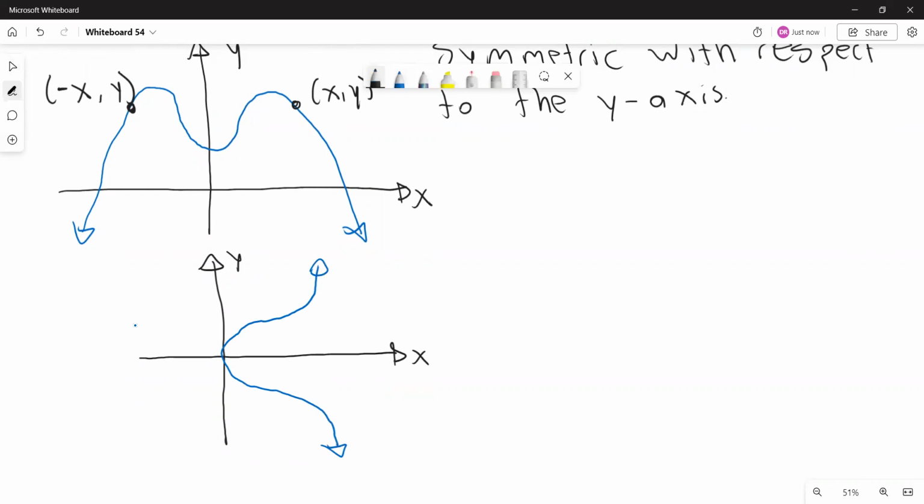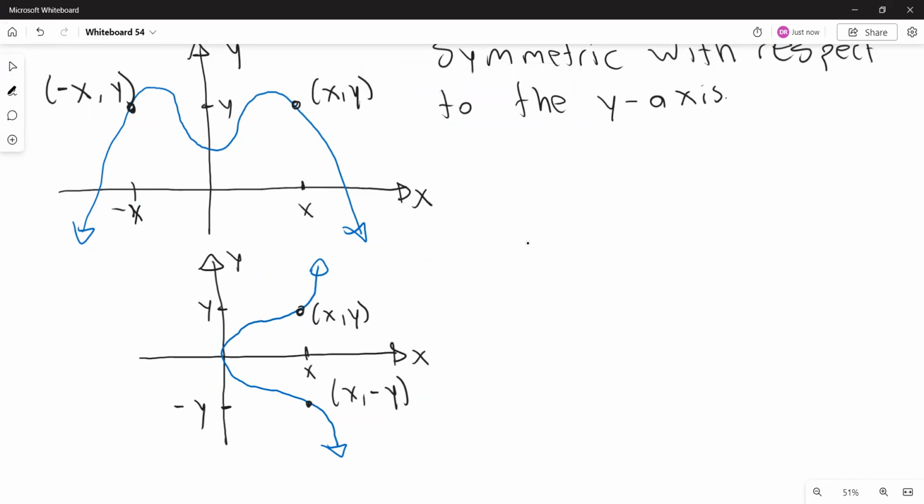If the point (x, y) is on the graph, the point (x, -y) is also on the graph. So this graph is symmetric with respect to the x-axis.